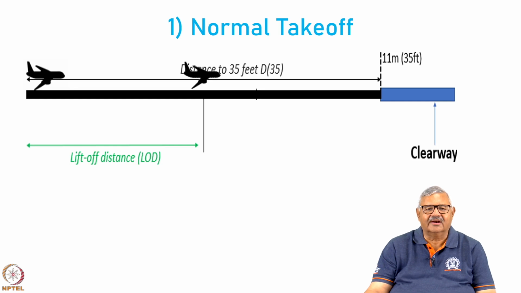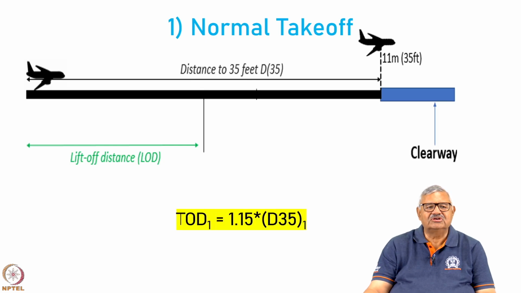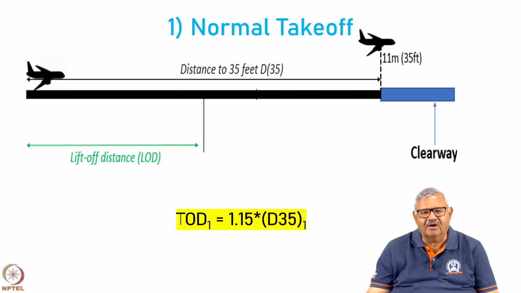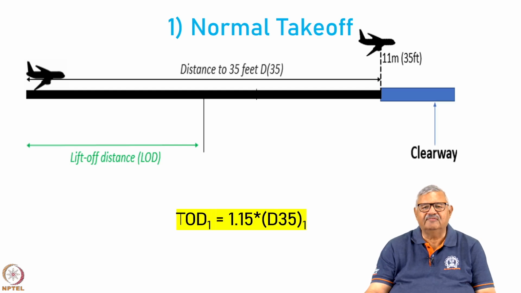After liftoff, the aircraft starts climbing and it clears the obstacle height of 11 meters or 35 feet. So, the total distance from the start of the rolling mission to the clearance of obstacle height is called the distance to 35 feet in normal takeoff, and the takeoff distance from this particular requirement, or TOD1, is considered as 15% extra of this particular distance.